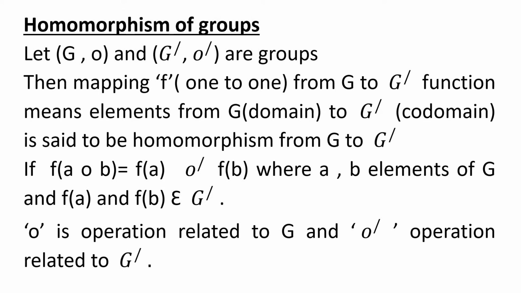The mapping f is called a homomorphism from G to G' if this condition holds: f(a O b) = f(a) O' f(b), where a and b are elements of G, and f(a) and f(b) are elements of G'. Accordingly, if G is the group, the operation is O, and if G' is the group, the operation is O'.